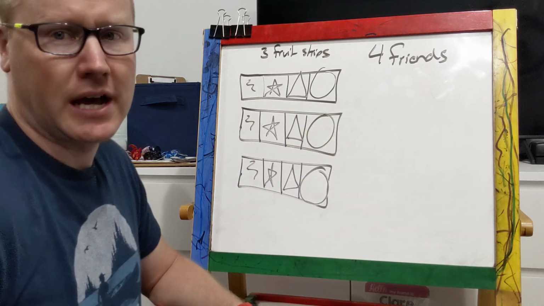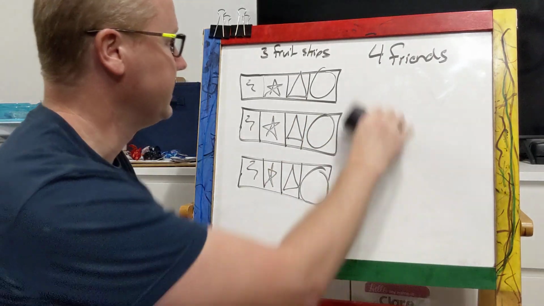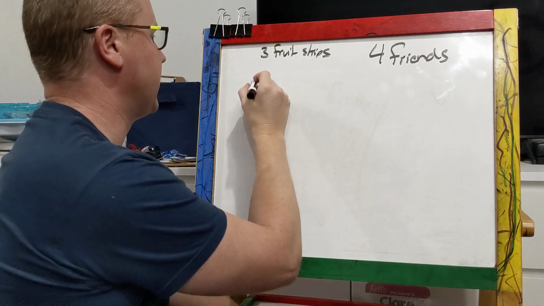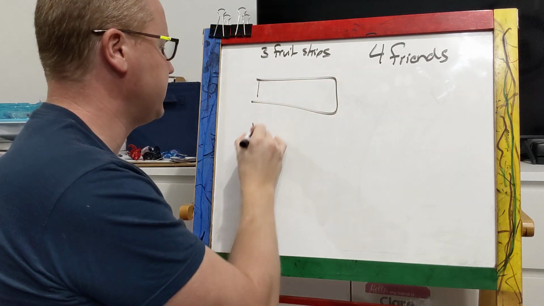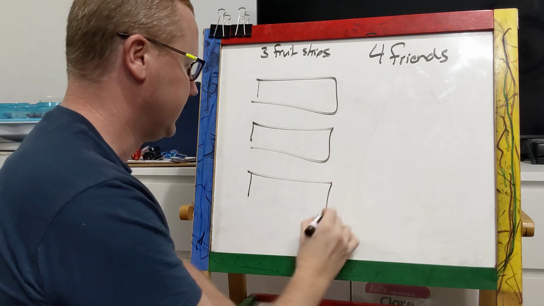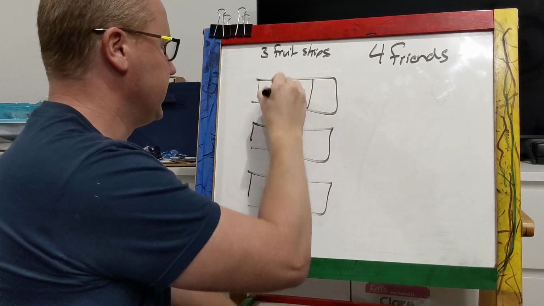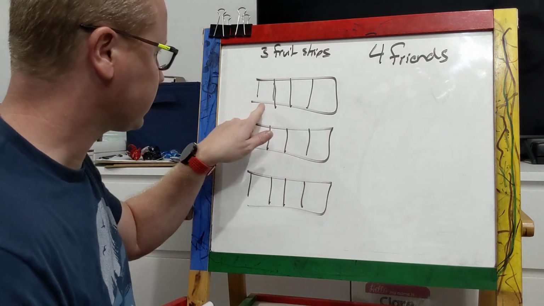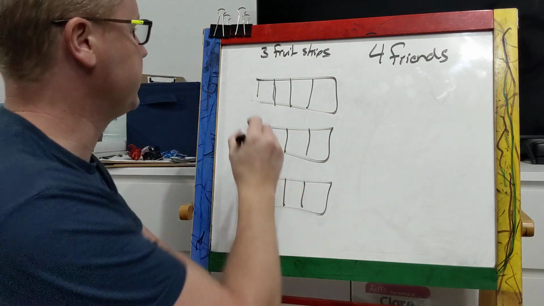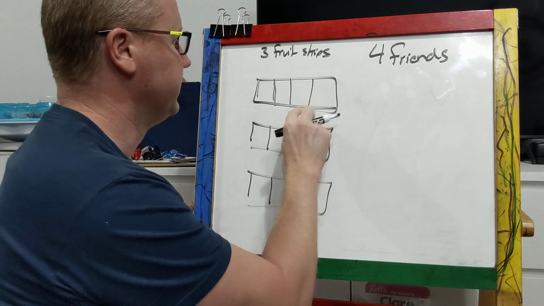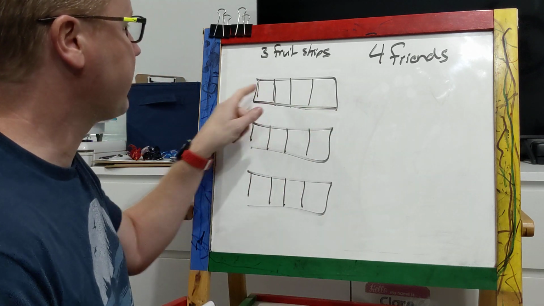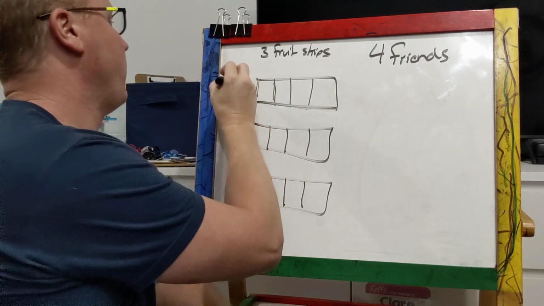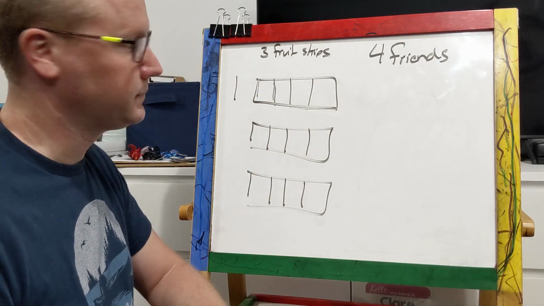But we need to know how to write that in terms that we can see in math, not just star-shaped and all that. So when we have our fruit shapes, broken up into chunks for each person, I'm going to start to write it like a fraction. I have my whole piece right here. That is 1 whole piece.